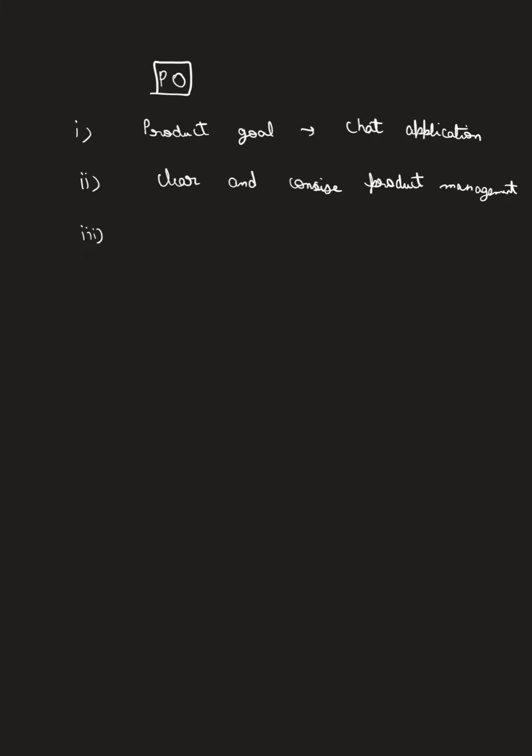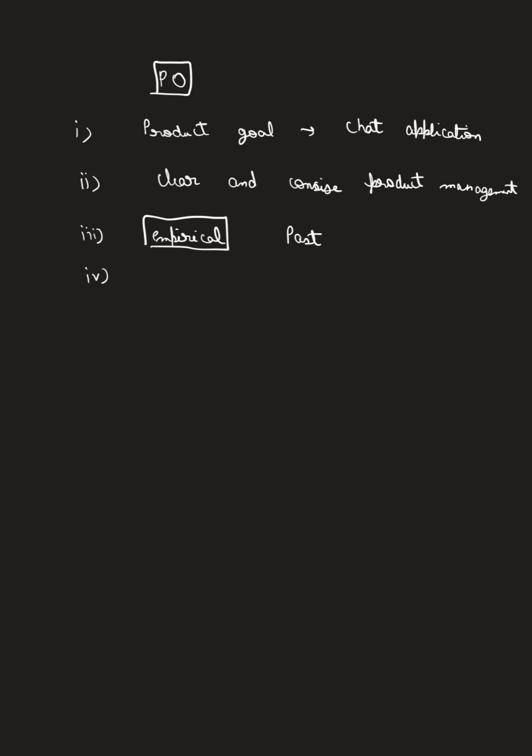He also establishes empirical product planning for a complex product environment. Empirical product planning. Empiricism means taking the help of past to solve future. Okay, so developers, product owners, Scrum Master, all have past experience. This is helpful in complex environments.